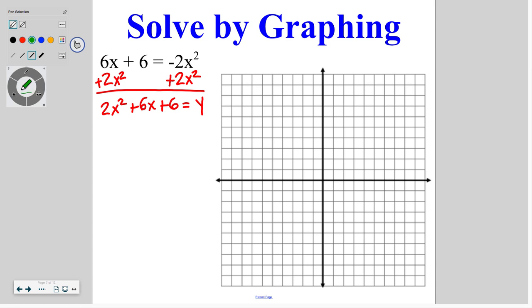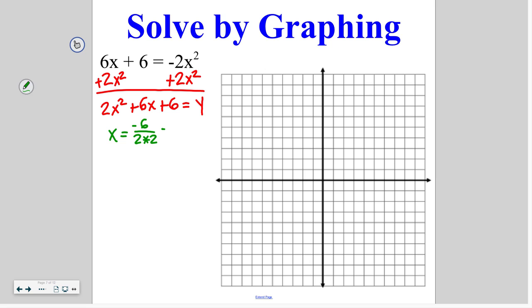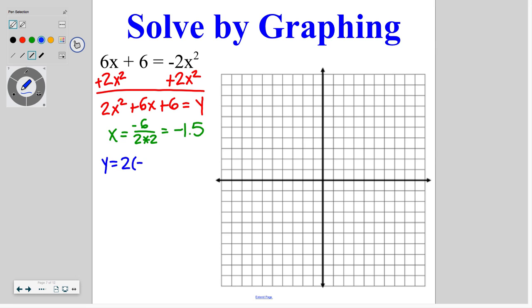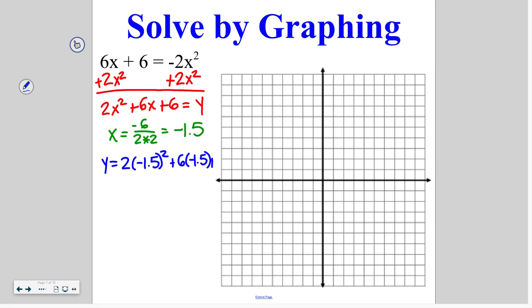Then I'm going to go ahead and find that axis of symmetry. So x is equal to negative 6 over 2 times 2, which is going to give me negative 1.5. Plugging that back in, I end up with y is equal to 2 times negative 1.5 squared plus 6 times negative 1.5 plus 6.